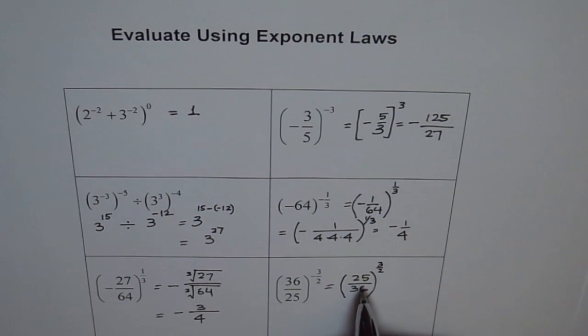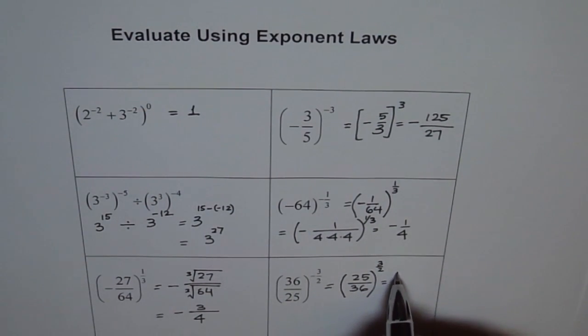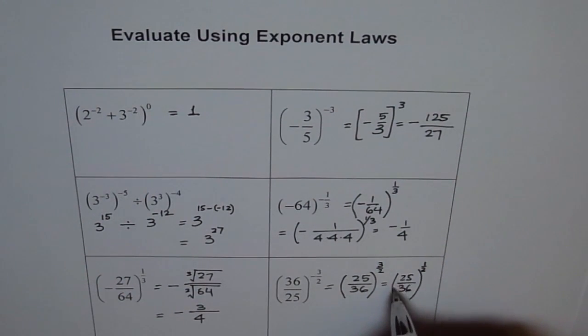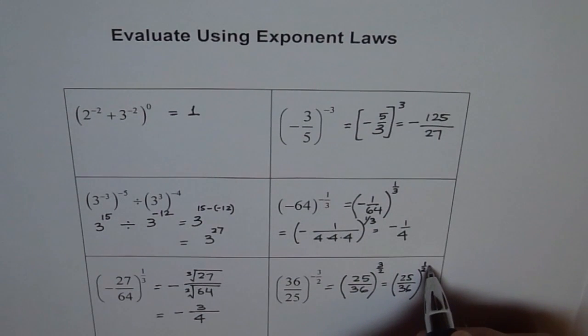So what I'm trying to say here is that I want to write this as, first I'll do 1 over 2, right? Let me write this again. I can write this as 25 over 36, and I will do the square root first, right? That means square root of 25 is 5, square root of 36 is 6, and then I will do the cube of that.